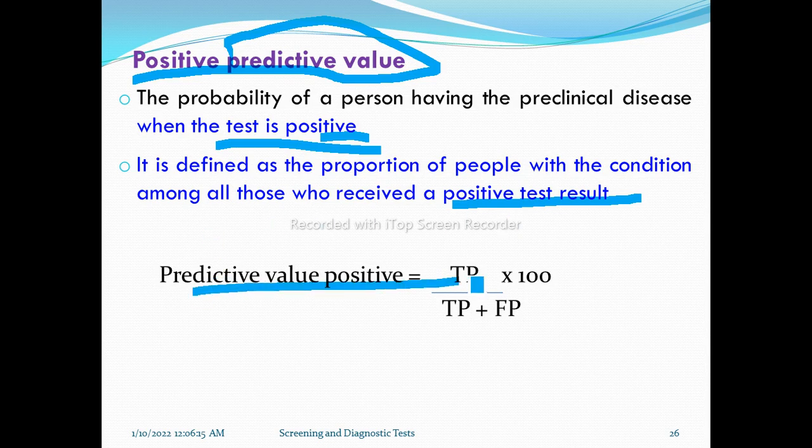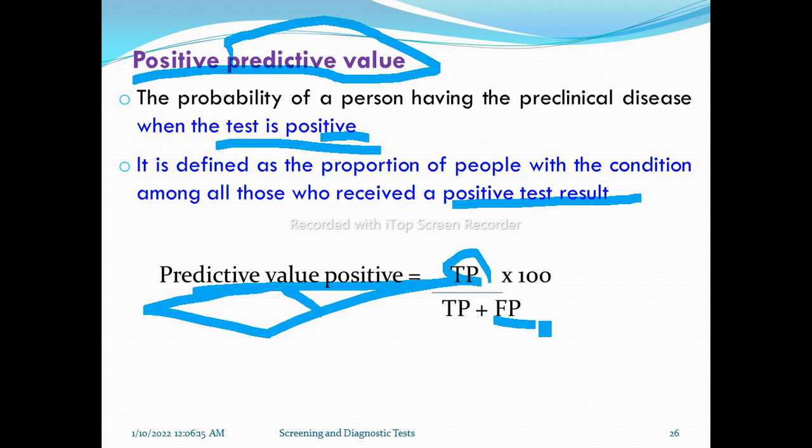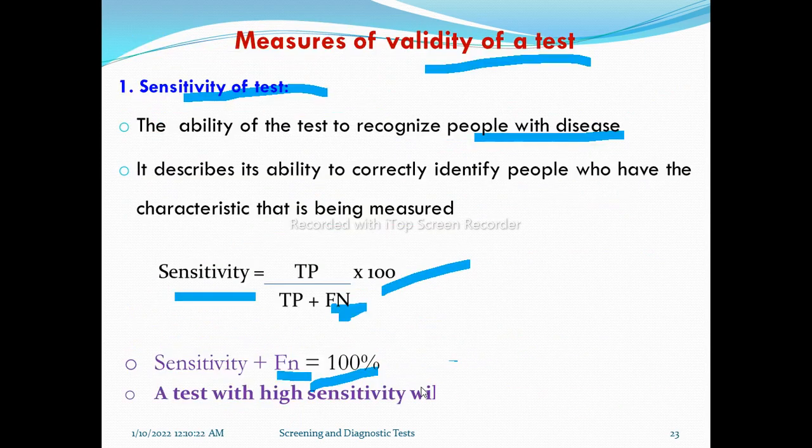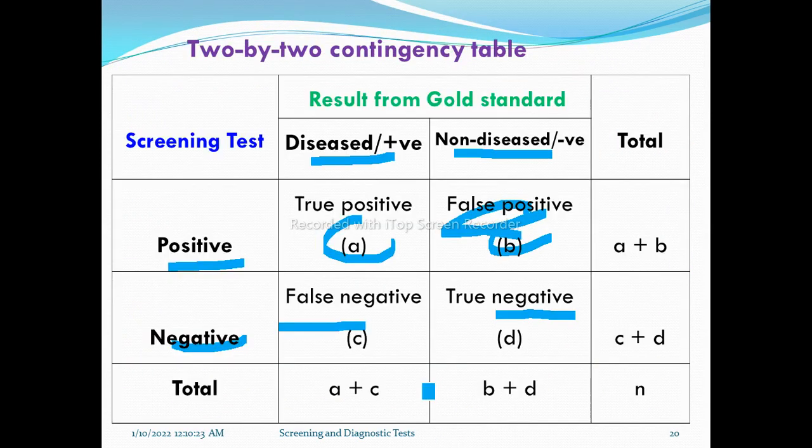Positive predictive value is calculated as true positive over true positive plus false positive, times 100. That means A over A plus B. At the same time, D over D plus C is known as predictive value negative.